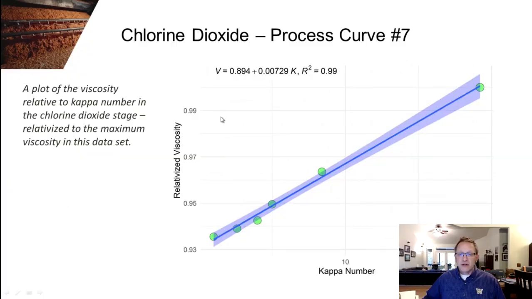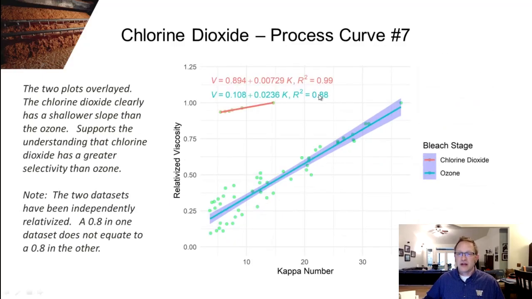So I do the chlorine dioxide stage, and you can see it looks much different. The scale is quite a bit higher because we're not dropping viscosities down to 0, because you remember that scale was 0 to about 1500. So now here's the relativized viscosity. Changes the appearance a little bit, but the slope and the linear regression has not changed. Right?